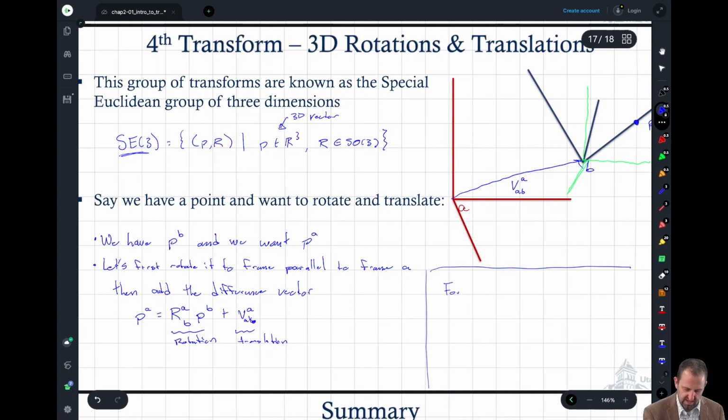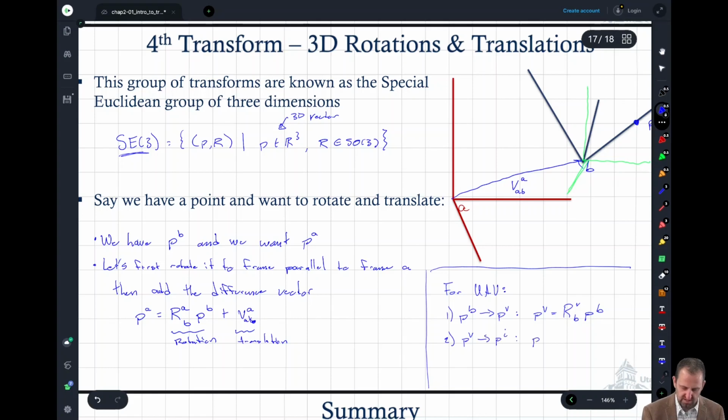For the UAV case, we're typically going to do our P_B, our body frame, to our vehicle frame. We'll jump into that more in a future lecture. So in this case, we would say that P_V is equal to the rotation from our body to our vehicle times P_B. And then we're going to do our P_V to our inertial frame.